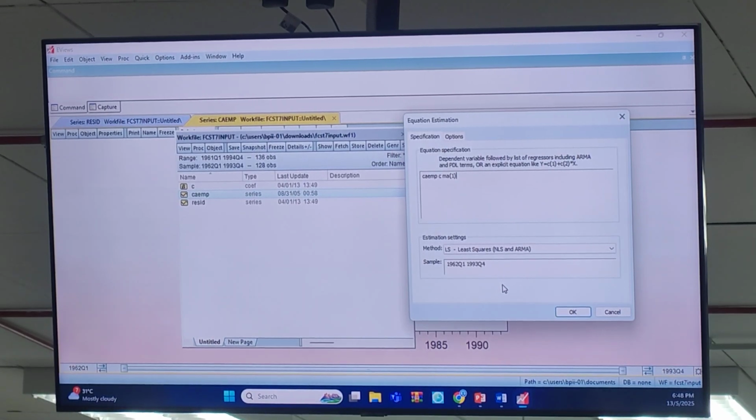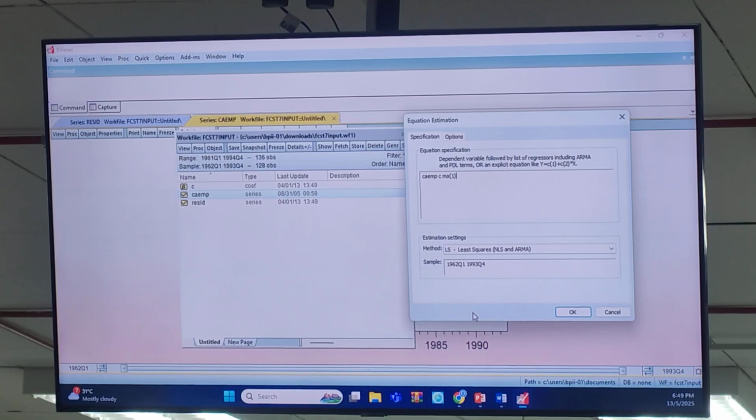But later on, when you consider seasonal ARMA, then maybe a better idea is to set the limit up to 3, because it's quarterly data, so lag 4 is already seasonal MA, seasonal AR.